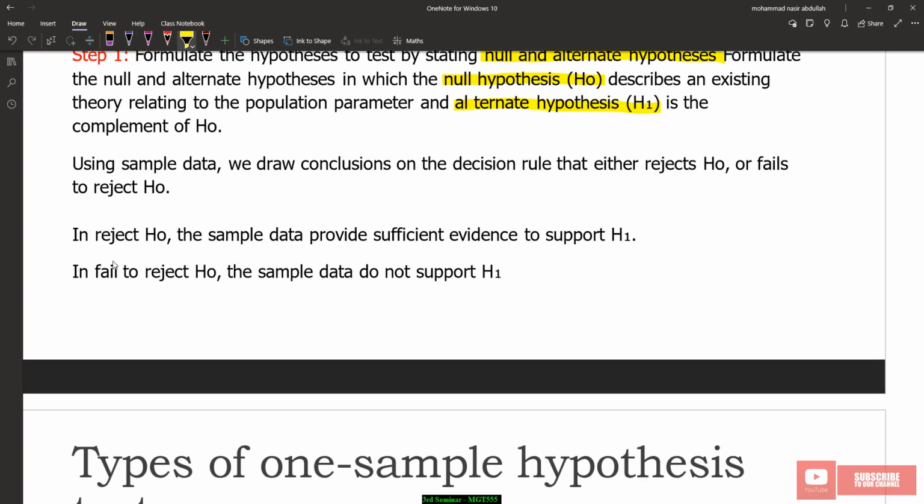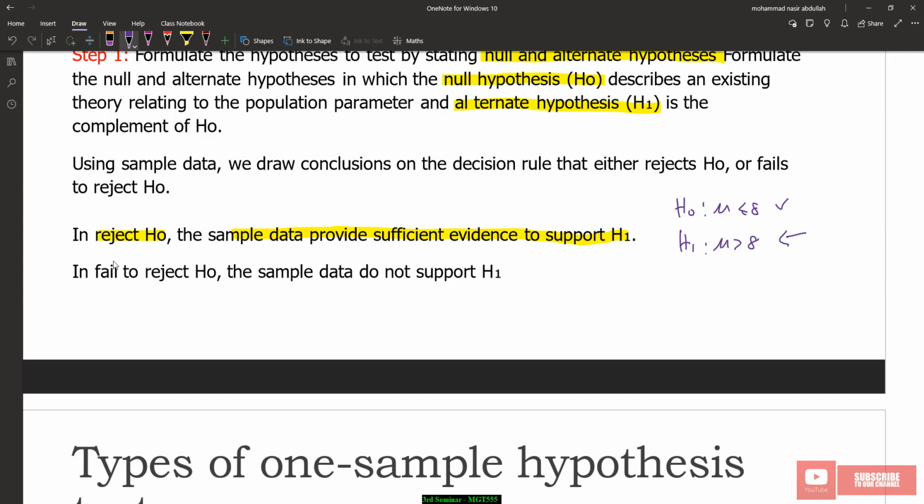Kalau kita reject null hypothesis, the sample data provides sufficient evidence to support the alternate hypothesis. As I said before, let's say mu is less than or equal to 8, mu is more than 8. Kalau kita accept this one, maksudnya kita reject alternate.